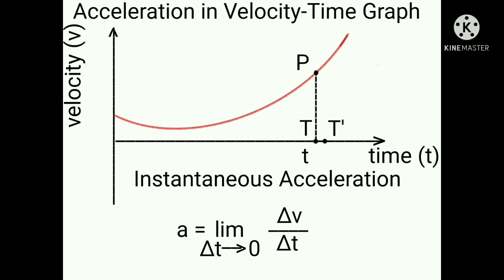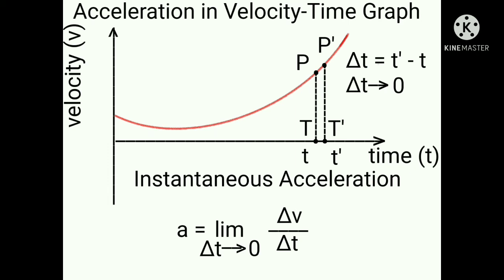Let's take another point t dashed very close to t on the time axis. t dashed is the corresponding time value. P dashed is the point on the curve corresponding to point t dashed on the time axis. The infinitesimal interval delta t is equal to t dashed minus t, and delta t tends to 0.